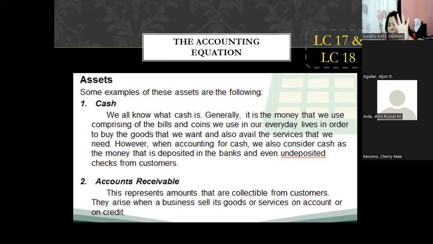These are the 5 major accounts. As an accounting student or as an ABM student, you should be able to memorize what are those accounting titles. Pag sinabi ko accounting titles, ito po yun: cash, accounts receivable, etc. So what are the accounting titles under assets? This is one of the major accounts.